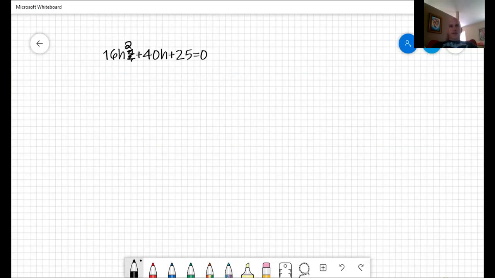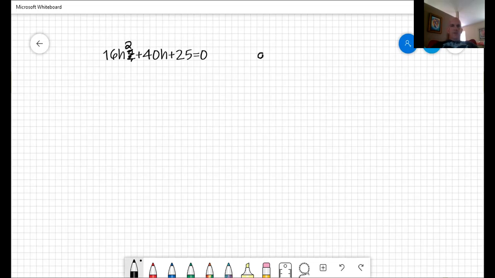And this 16 at the front and this 25 at the back might indicate that this is a perfect square trinomial. So how can I tell perfect square trinomials again and check to see if that's what we want? You could use regular factoring methods as well, but sometimes it helps here.